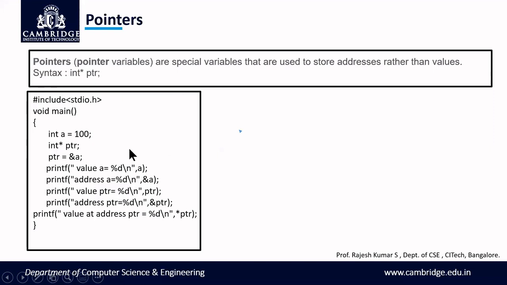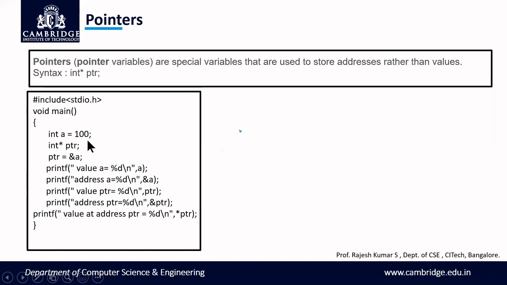Now let us take a small sample program to understand the pointer concept. Hash include stdio.h is the start of the program. Void main is where the program starts execution. I've declared and initialized a variable: int a is equal to 100.